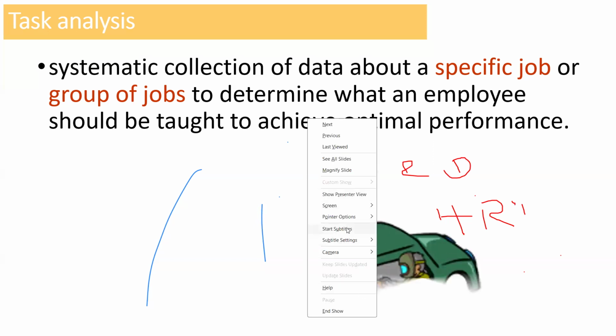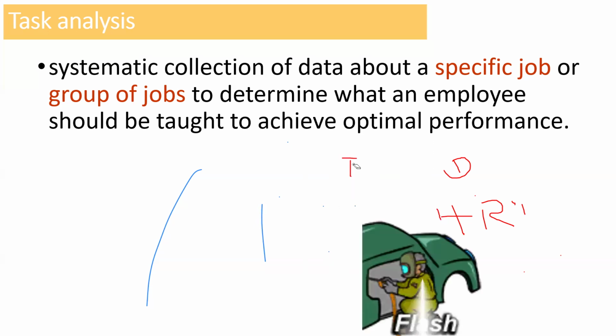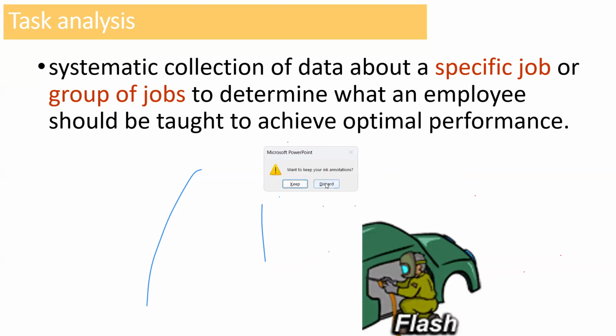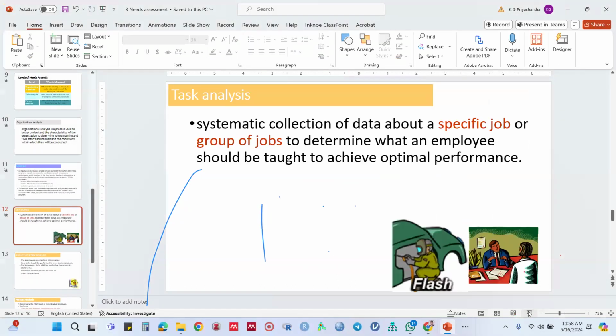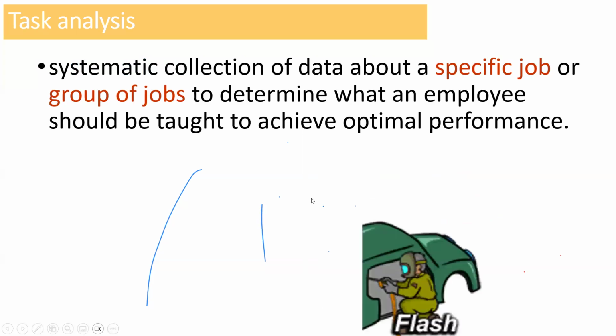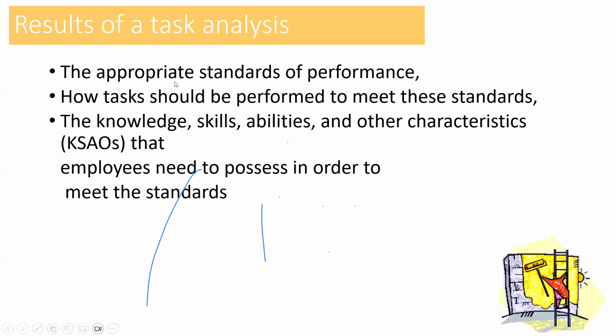And next, the results of a task analysis: the appropriate standards of performance, how tasks should be performed to meet these standards, and the knowledge, skills, abilities, and other characteristics that an employee needs to possess in order to meet those standards.